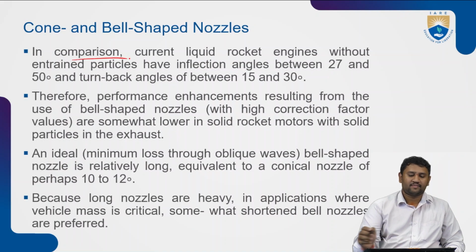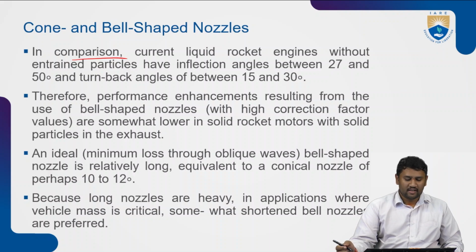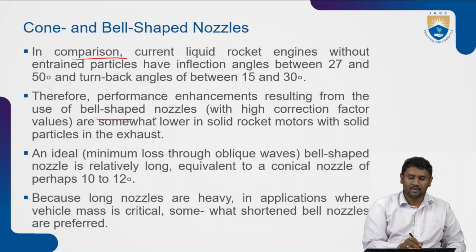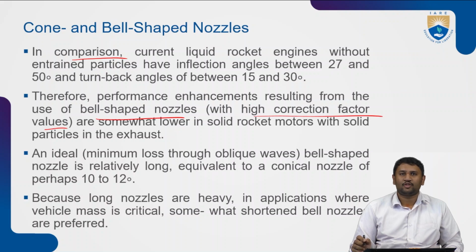In comparison, current liquid engines without entrained particles have inflection angles between 27 to 50 degrees and turn back angles of 15 to 30 degrees. Therefore, the performance enhancements resulting from bell-shaped nozzles with high correction factor values are somewhat lower in solid rocket motors with solid particles in the exhaust.